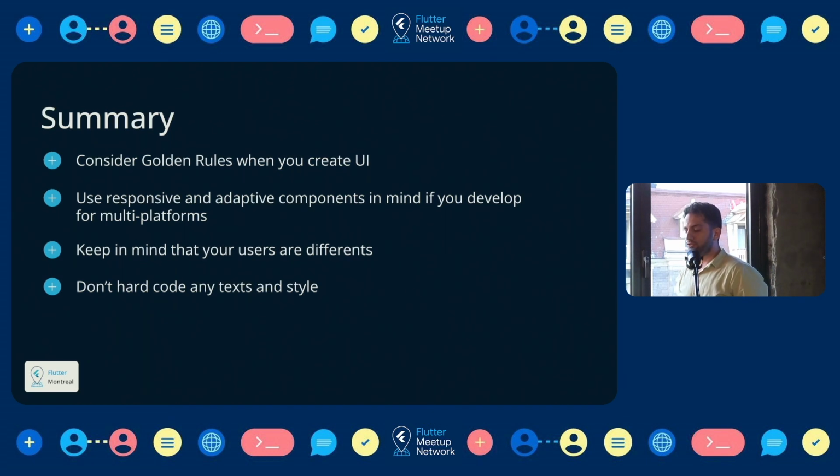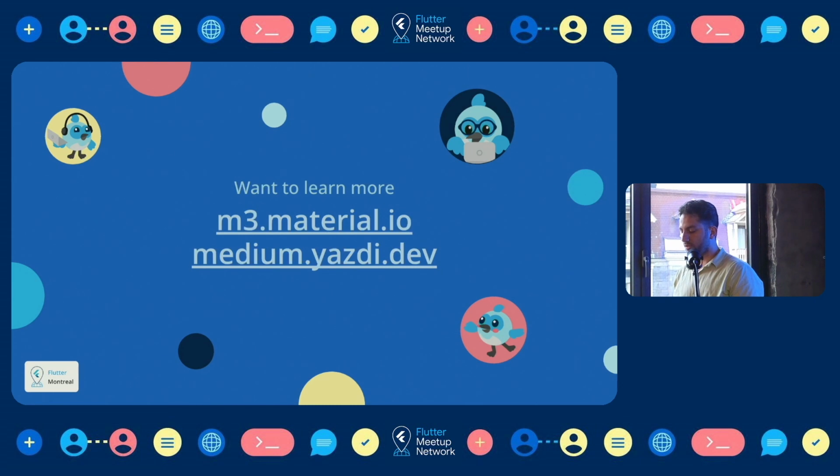Keep in mind that your users are different, from different countries, backgrounds, ethnicities or anything else. Don't hard code anything in your application. Keep in mind all of these rules, and you have the best UI ever in your Flutter application. If you want to learn more, go ahead and check the Material tree.